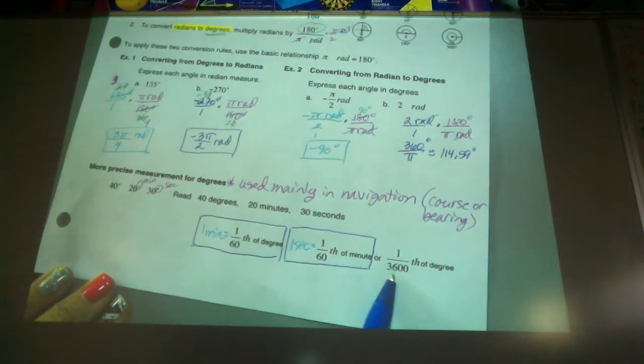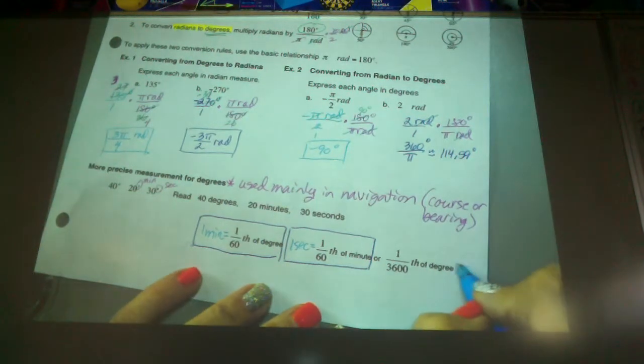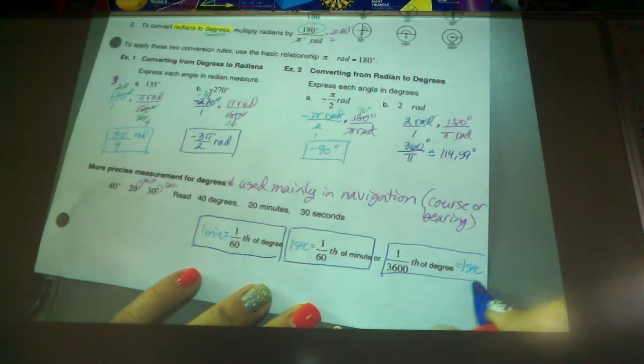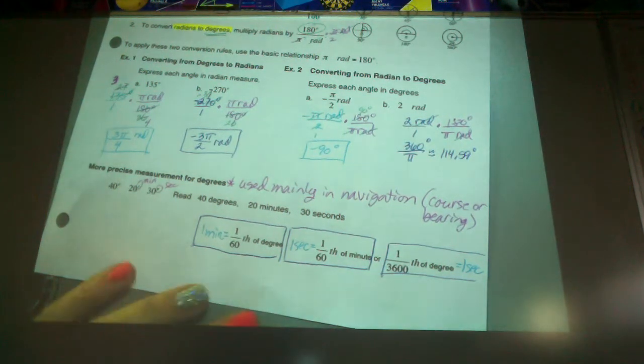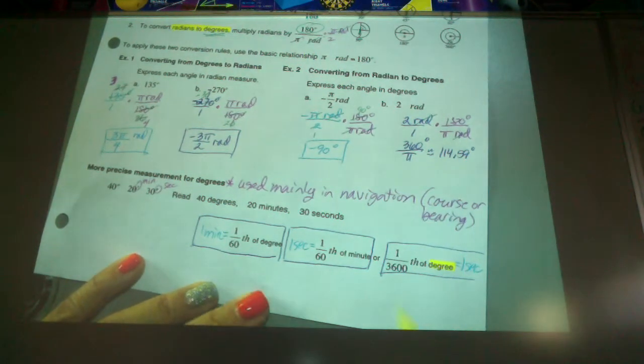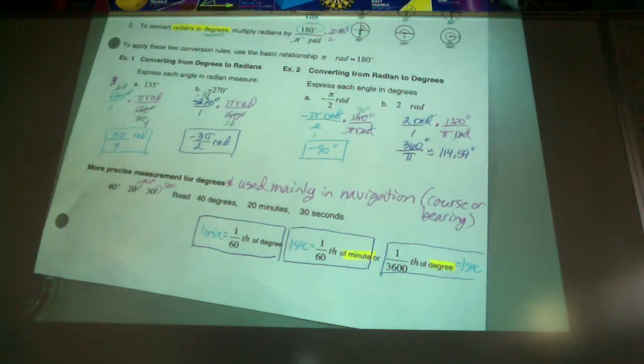So that's why we have this 3,600. So 1 second is also equivalent to 1/3600th of a degree. And notice that this one, because I have 2 of them for the second, is 1/3600th of a degree, whereas this one is 1/60th of a minute. So it depends on what we're trying to do with it.